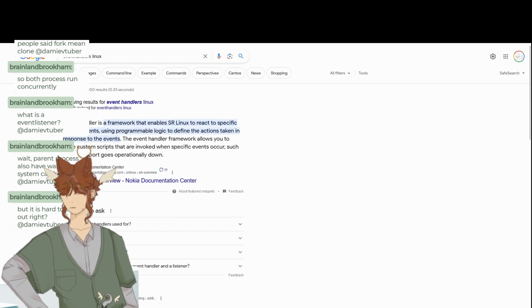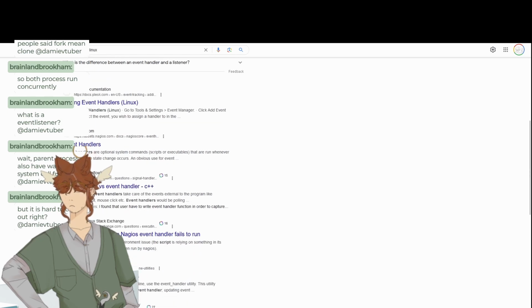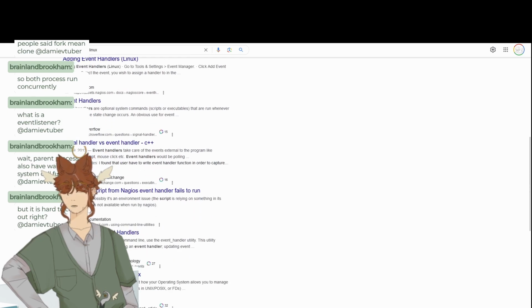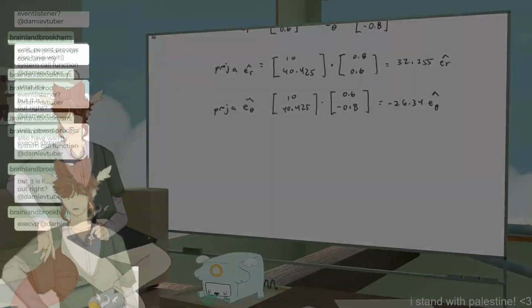So basically you can say, if your computer crashes, do this, or something. So you just have to work with whatever framework you have and learn about it a little bit, see some examples, and it shouldn't be that bad. The nice thing about coding is, as long as you can Google stuff, you're probably going to be fine.